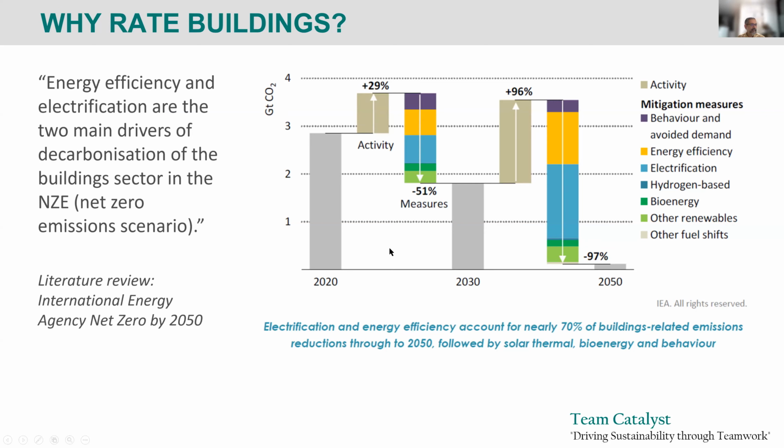But the two big bars that you can see are, one is electrification, going from gas to electricity, and then energy efficiency. And the reason is, if you do electrification and then you are able to decarbonize the grid, that's a big, huge step.